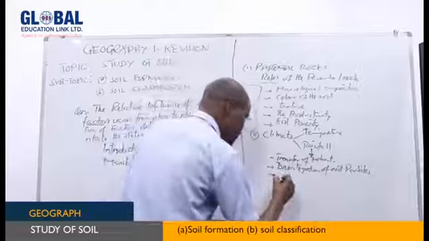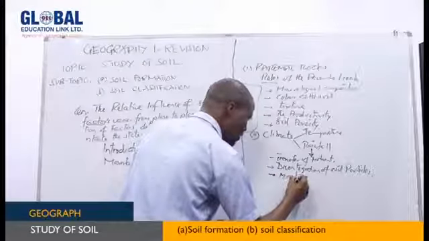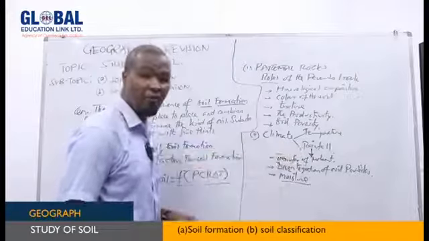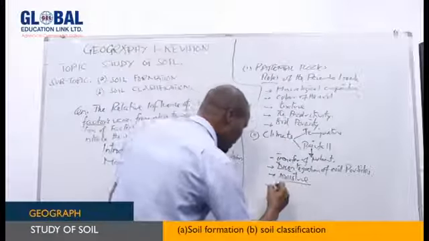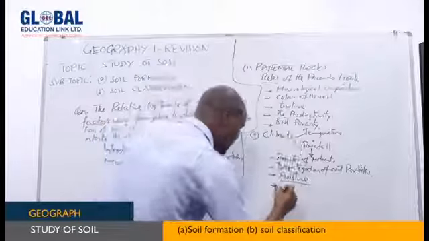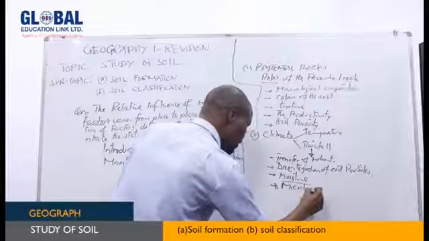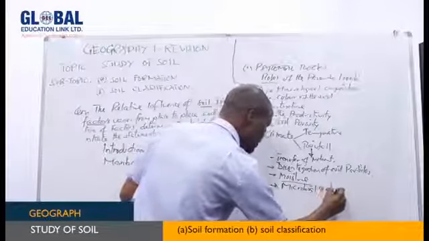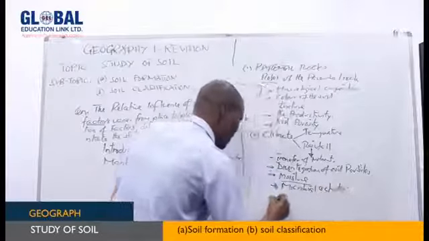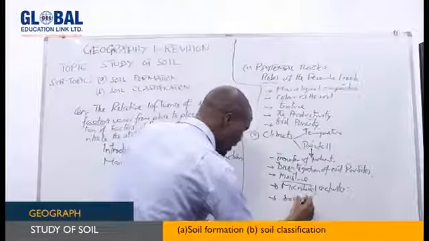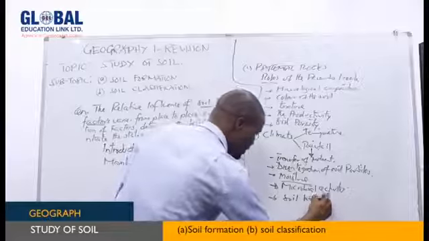It also helps to determine the soil moisture content. The moisture content of the soil depends on the amount of rainfall of a particular area. Remember, rainfall also determines the microbial activity inside the soil, and the amount of water inside the soil.